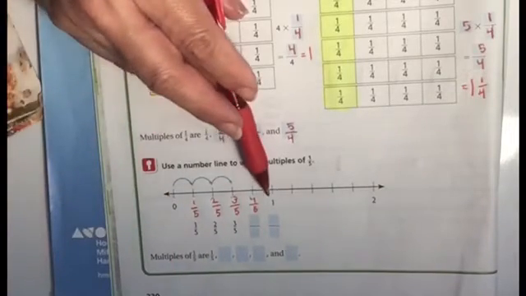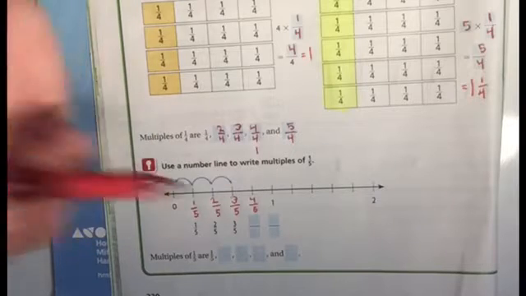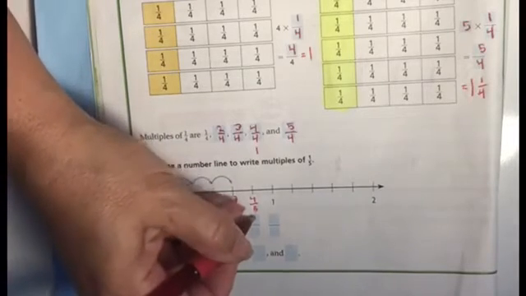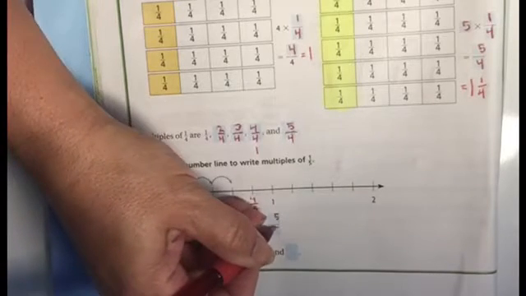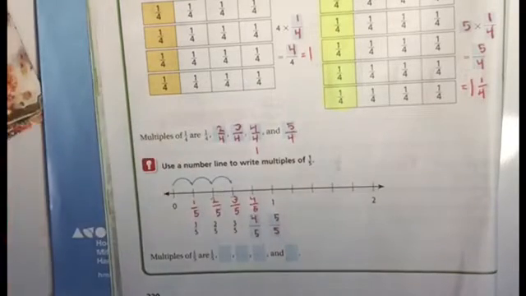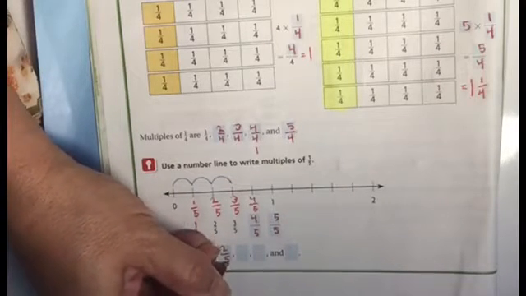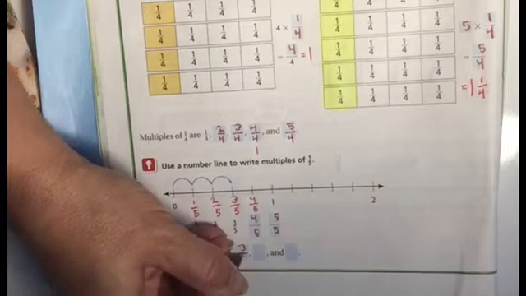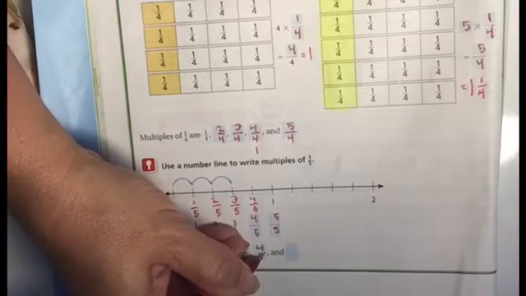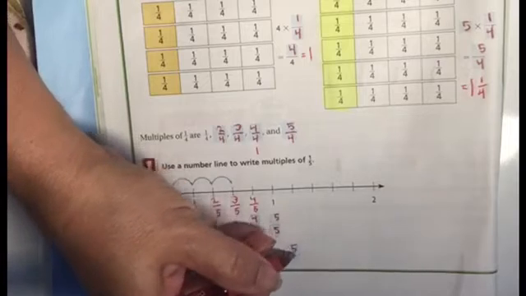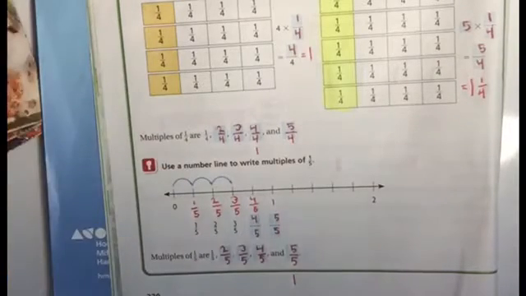Oh my goodness. 1, we already know, is 5/5 because 5/5 equals a whole. So in this box, I'm going to put 4/5 and 5/5. And multiples of 1/5 are 1/5, 2/5, 3/5, 4/5, and 5/5, which we really know equals 1 whole.